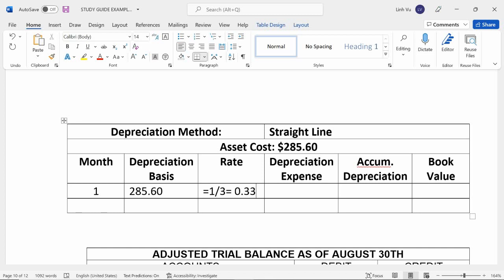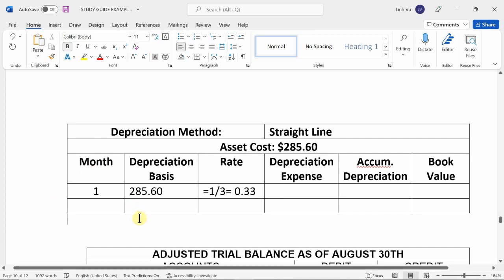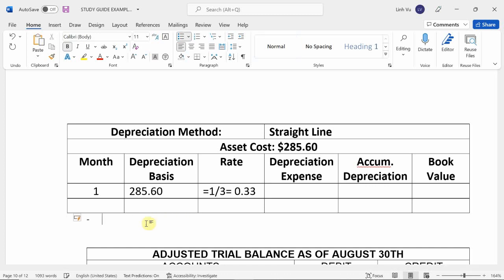My depreciation expense is going to be my basis times rate, so I have to calculate $285.60 multiplied by 0.333333. What is that going to equal? 285.60 times 0.3.